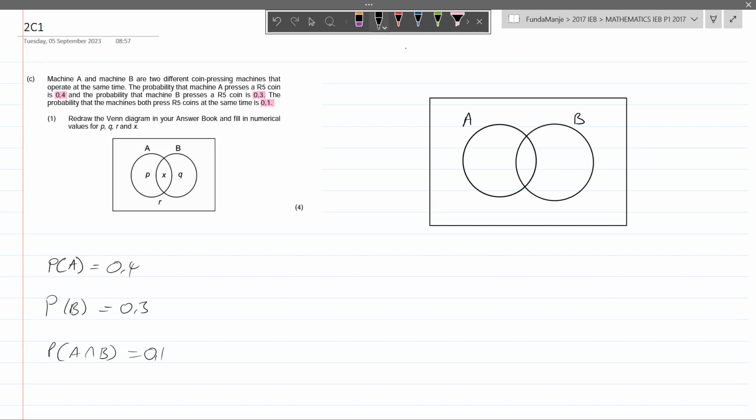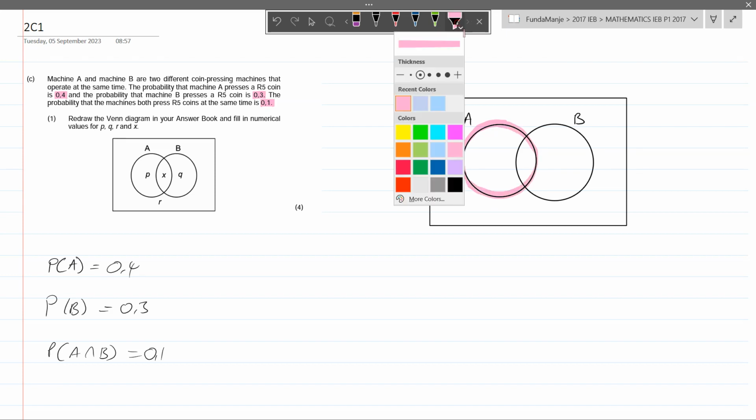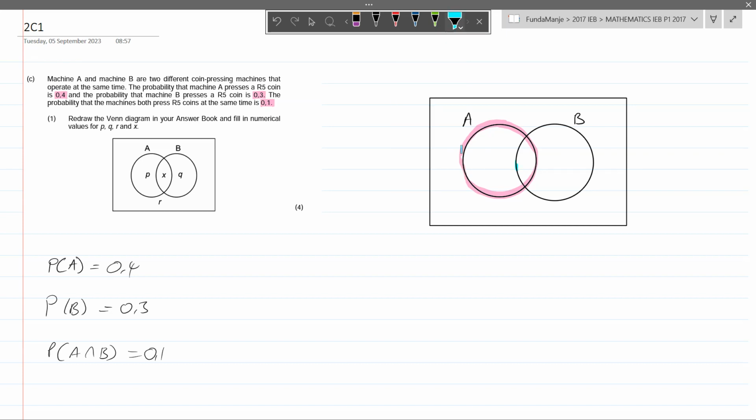If we look at it here, this entire circle represents the probability of A, and this entire circle on the other side represents the probability of B. Most people get confused, because in this question they tell us that the probability that machine A presses a 5 Rand coin is 0.4, and you would want to put 0.4 over here, but that's not the case.